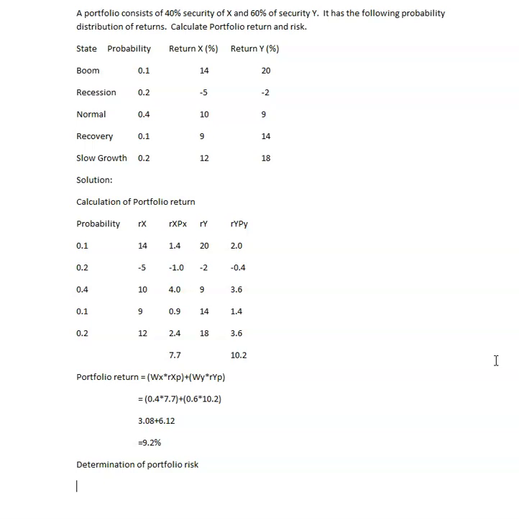Now let us proceed calculating the standard deviation of X so that we can calculate individually. I take the same columns here and copy them here. Only two columns I will copy, the later part I will be removing.